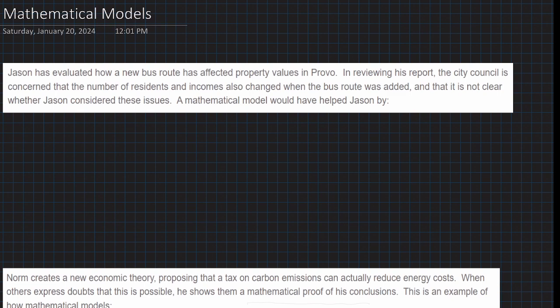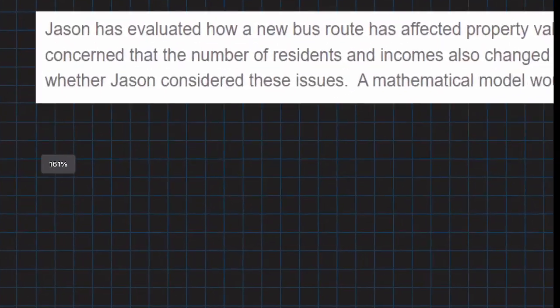Okay, so when we're looking at these mathematical models, there's really three things we want to look for. And we'll break down what these mean. The first one is precise definitions. Basically what we want to equate this to is an input.